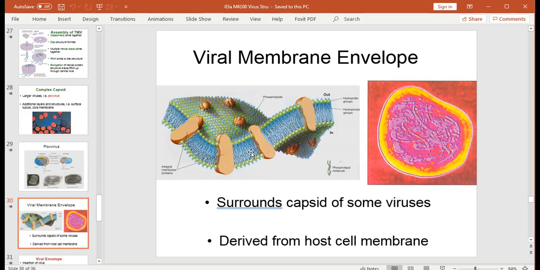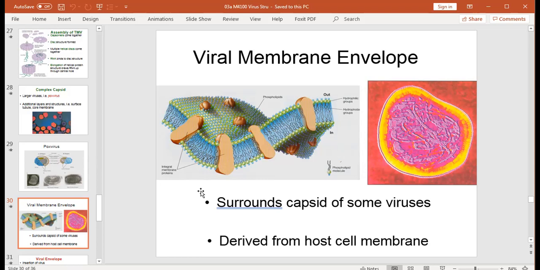And in between, we have integral membrane proteins. Some of them serve as ion channels, and some add a little bit of structural stability to this bilayer.